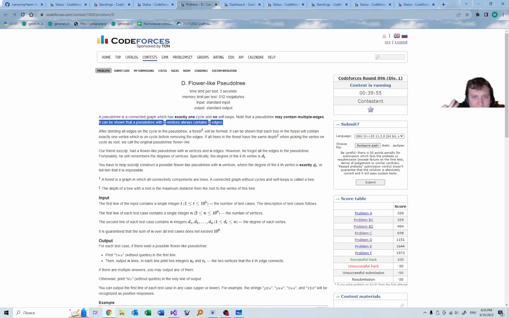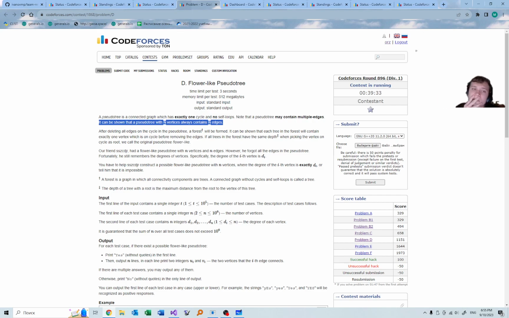He forgot all the edges in the pseudo-tree. Fortunately, he still remembers the degrees of the vertices. Specifically, the degree of the ith vertex is di. You have to help construct a possible flower-like pseudo-tree with n vertices, where the degree of the ith vertex is exactly di, or tell him that it is impossible.